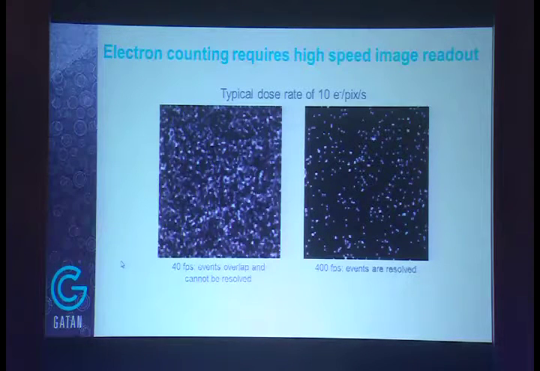So for this dose rate, this speed at which electrons are passing through the sample, it's really challenging to isolate the electron events from each other, and you really can't do it. That's what makes counting really challenging with lower speed cameras. With a higher speed camera, you have a chance to really separate these events and identify different electrons in the sample.